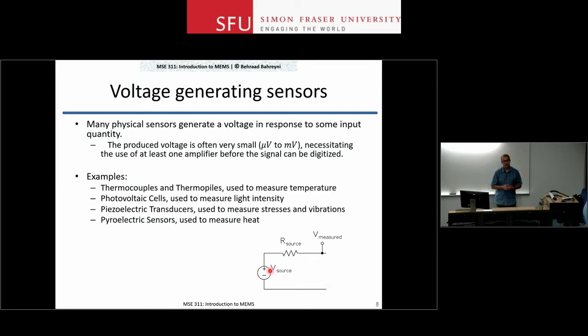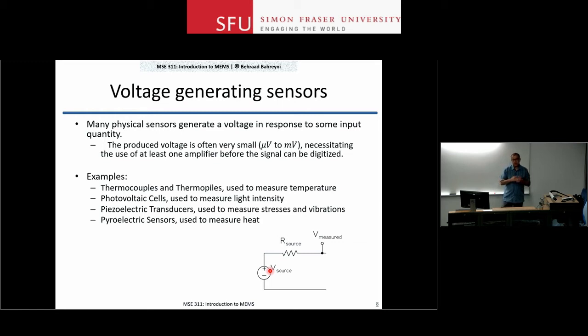Examples of voltage producing sensors include, as we've mentioned, thermocouples, but there are also photovoltaic cells. These are sensors that produce a voltage in response to changes in light intensity. Piezoelectric transducers, if you go back and remember, produce a charge across a capacitor, meaning that you produce a voltage. And if you measure that voltage, you can estimate the stress applied to the piezoelectric piece.